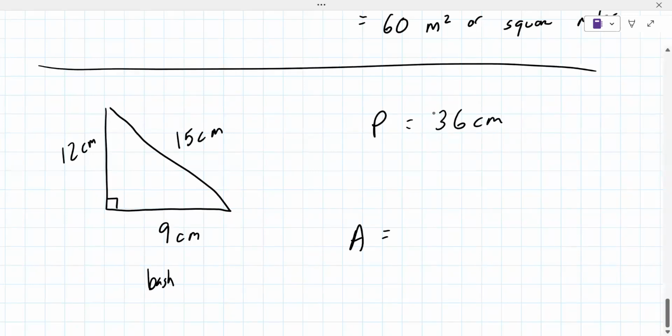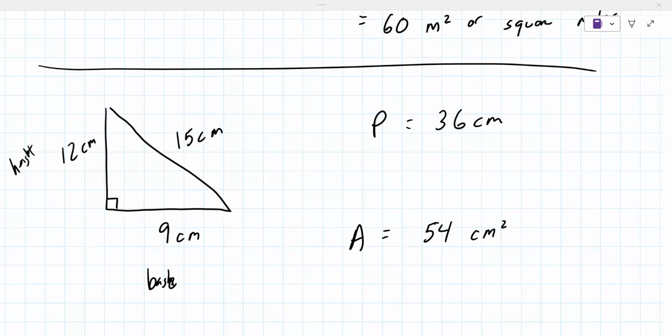This is the base, and this is the height. So 9 times 12 divided by 2. Okay, yep, keep going. Divided by 2. So it would be 54 centimeters squared.